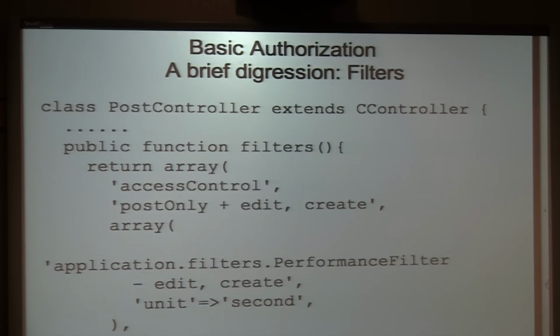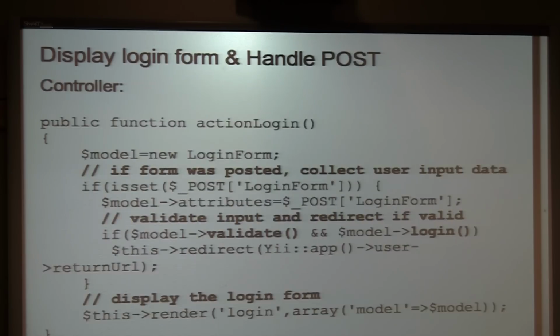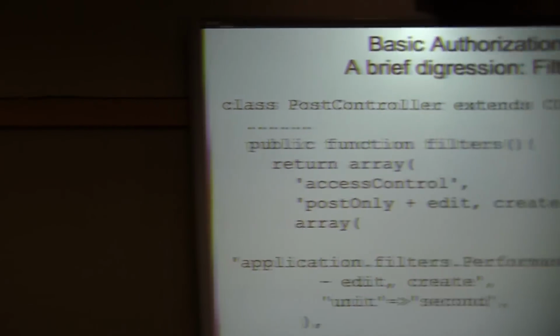And really, that's basically how we're getting some of this stuff, it's using performance and profile filters to access and display that information. And in this case, it's saying apply it to everything, every single method except edit and create. So that's the plus and minus controls that we see in terms of specifying what it applies to in the controller.